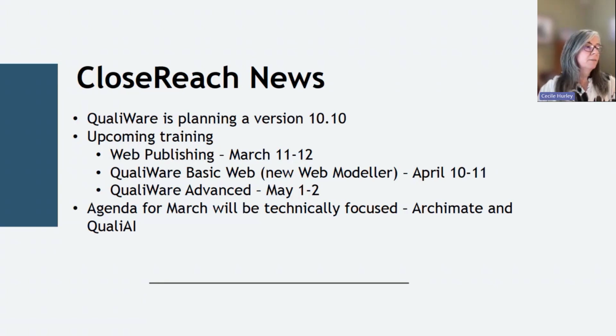The agenda for March will be a more technically focused agenda, and we will be having some topics on Archimate and some more information about Quali AI. That's what we've got planned for March. Any questions about anything I've just discussed before I move things on to Jacob and Gail?